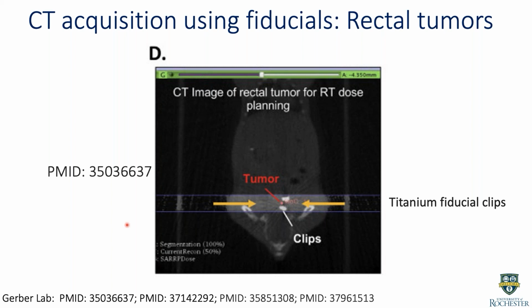And you can see in this image here we have a murine colon tumor cell line that's tagged with a fluorescent marker to allow tumor response to be determined. But the tumor is implanted into the rectal wall, and titanium fiducial markers are applied either side of the tumor to demarcate the tumor.